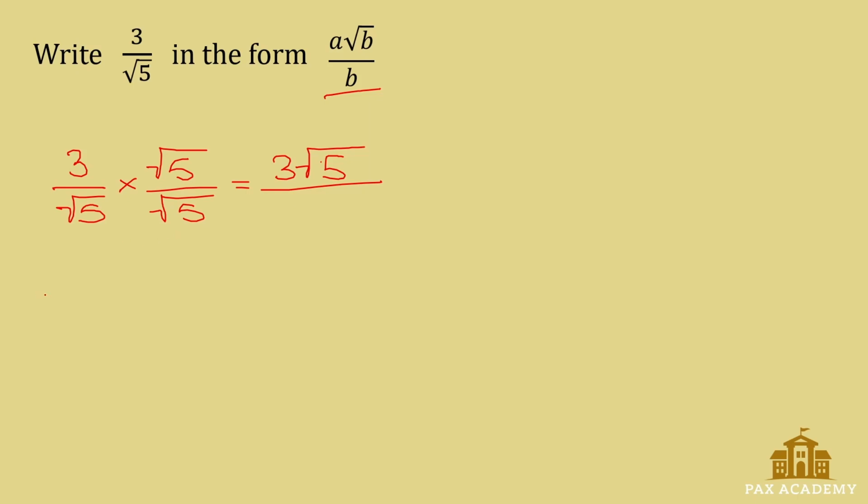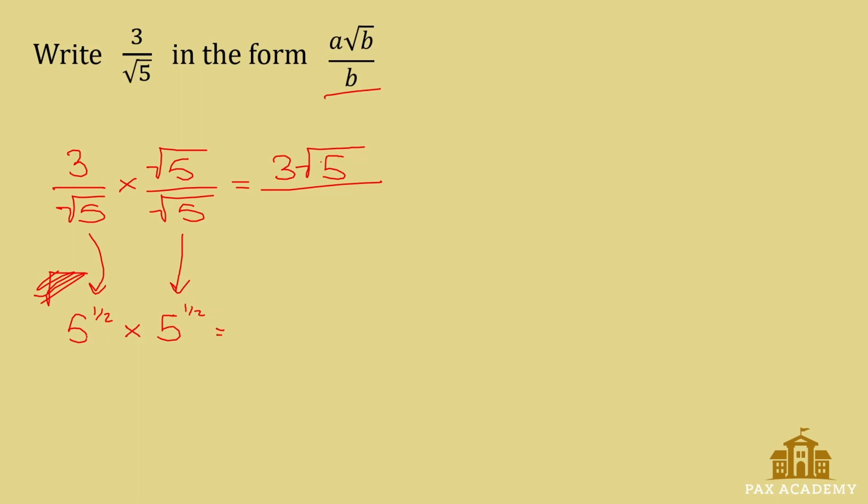Now, I've already done a video on rules of powers, so make sure to check it out if you're not sure. But what we can do here is, the square root of 5, we can rewrite as 5 to the power of 1/2. Okay? And same goes for this one. Square root of 5 is the same as 5 to the power of 1/2. And both these terms are multiplying.